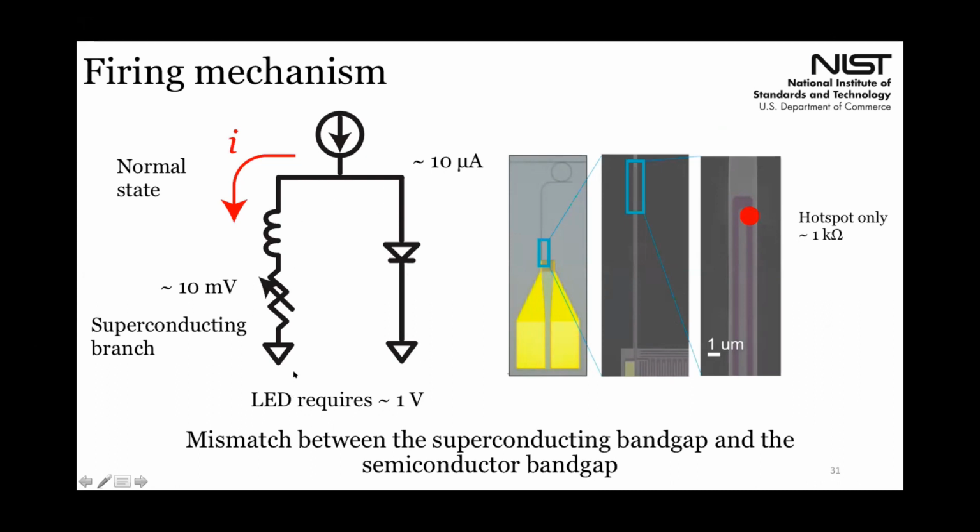Now a typical LED, or our LEDs, require around a volt in order to fire. So it doesn't work, basically. And this is sort of a fundamental problem. There's a mismatch between the superconducting band gap and the semiconductor band gap. So with superconductors, it's really hard to generate a voltage, essentially.